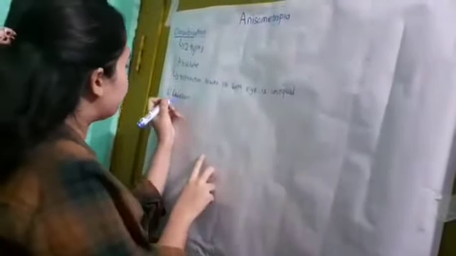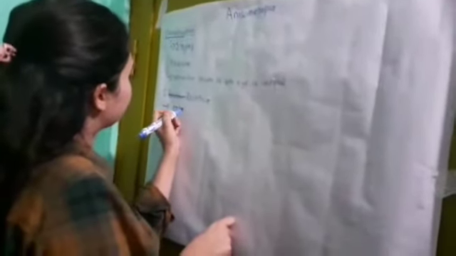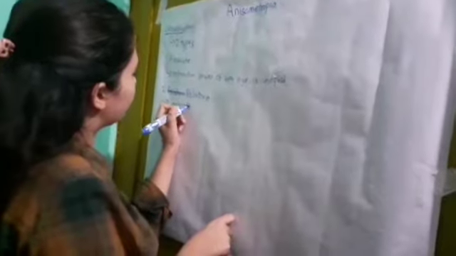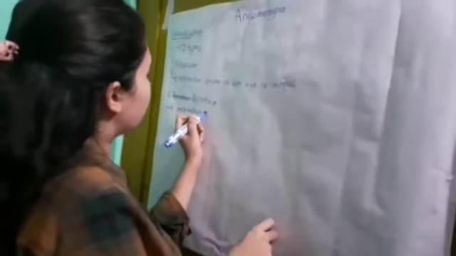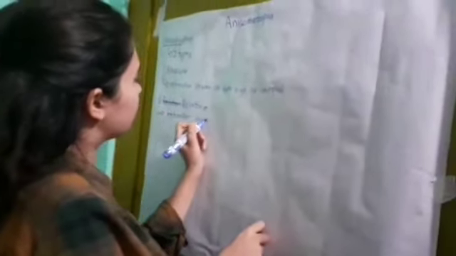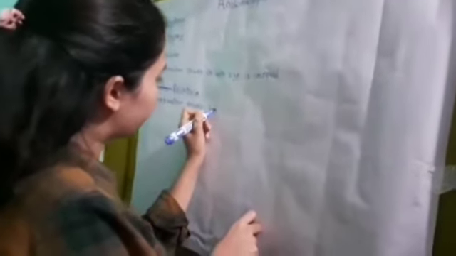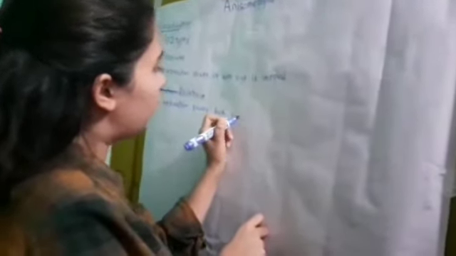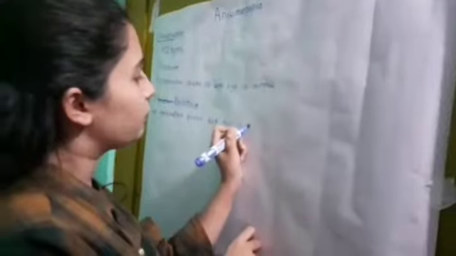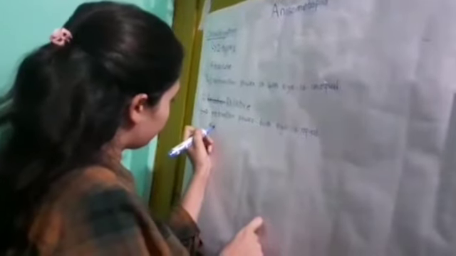In relative anisometropia, the refractive power in both eyes is equal, but there is a difference in axial length.